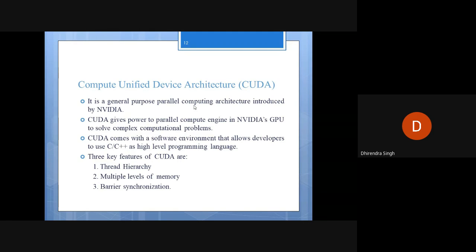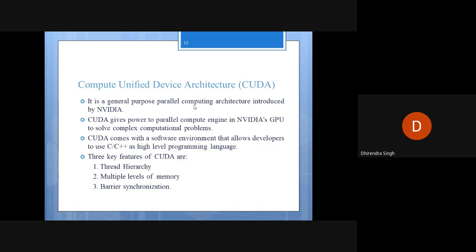For that purpose, the Compute Unified Device Architecture came into the picture. CUDA gives power to the parallel compute engines in NVIDIA's GPUs to solve complex computational problems, supporting fast processing. CUDA comes with a software environment that allows developers to use C++ as a high-level programming language. Fortran and even Python you can use with CUDA programming. So it has high level language support.